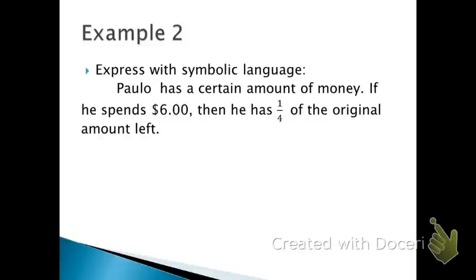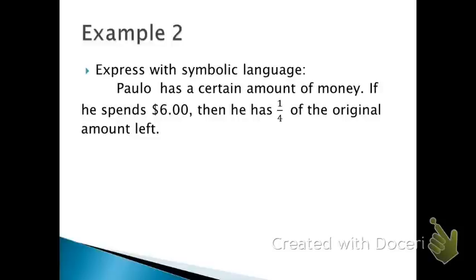Okay, here's another example, and we're asked to express with symbolic language. Paulo has a certain amount of money. If he spends $6, then he has 1/4 of the original amount left. So think about what is the first thing that we want to do when we have a situation like this that we need to translate into symbolic language.